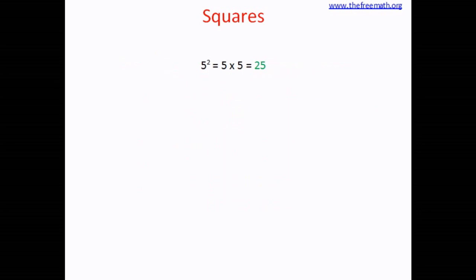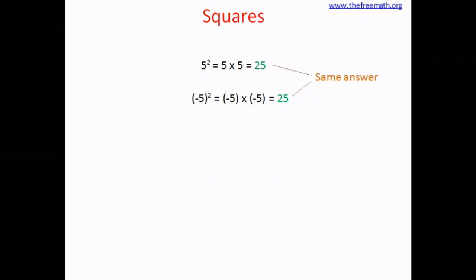5 squared equals 25. What happens if instead of 5 there is negative 5 and you want to square it? Let's use the same definition. Negative 5 multiplied by negative 5. Now you know that a negative times a negative gives a positive. That means our answer is going to be negative 5 multiplied by negative 5 equals 25, which is a positive number.